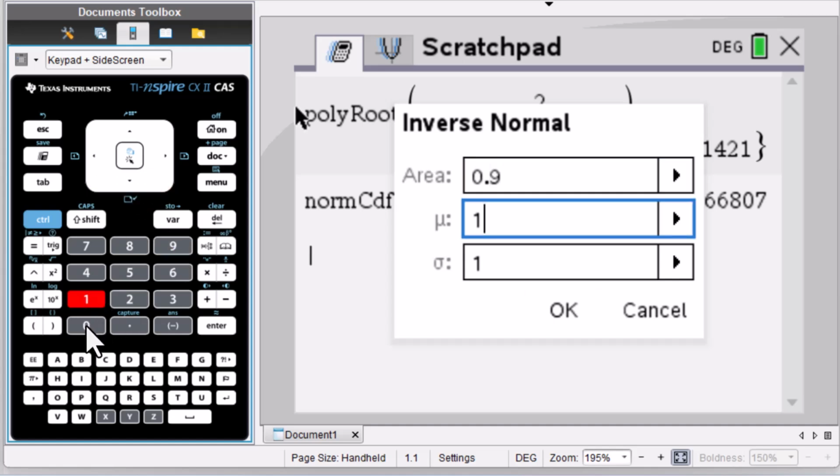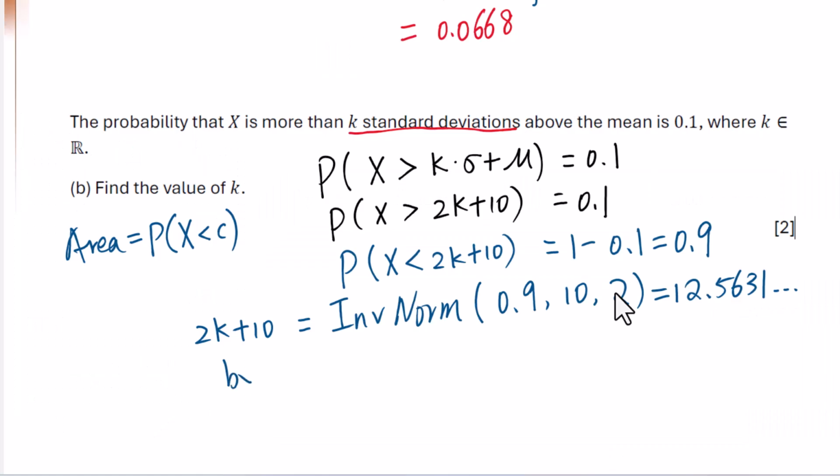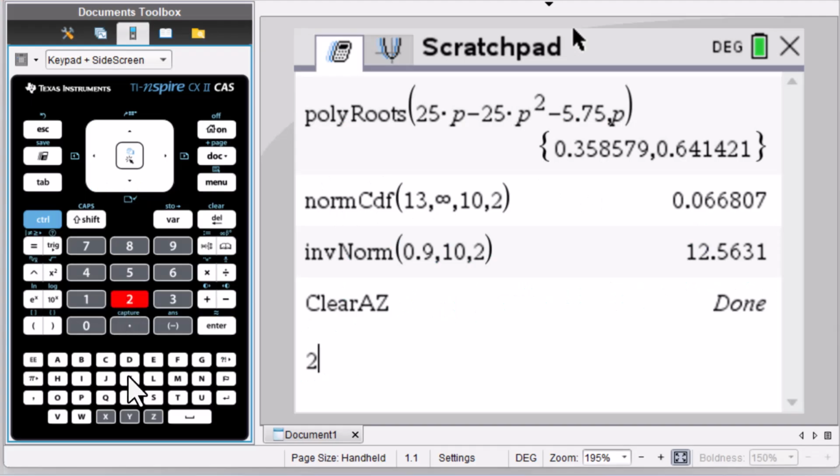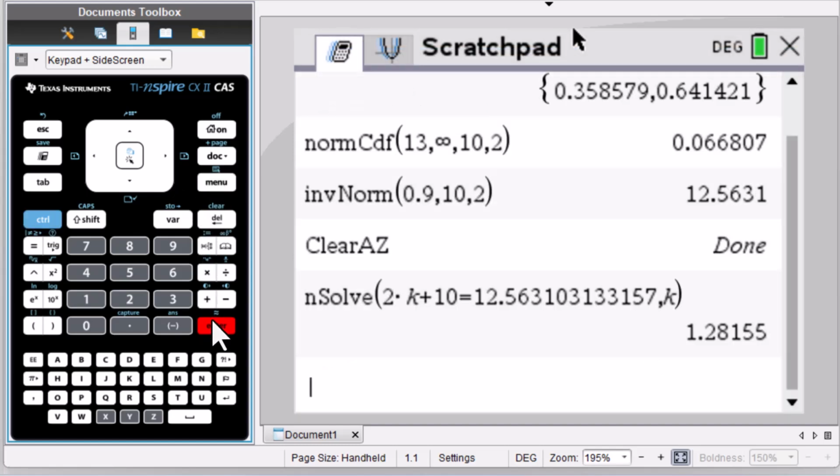Mu is 10, sigma is 2, enter, enter. 12.5631. Then by the solver, we can figure out this k. 2k plus 10 equals, pull this down, then Ctrl Menu, enter, enter, enter. K equals 1.28.